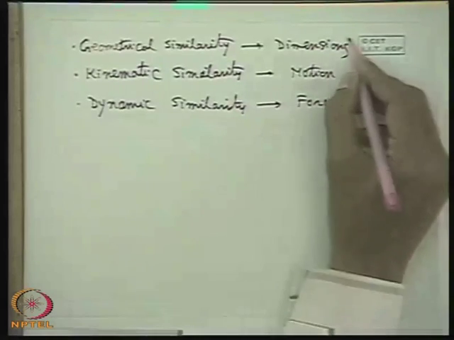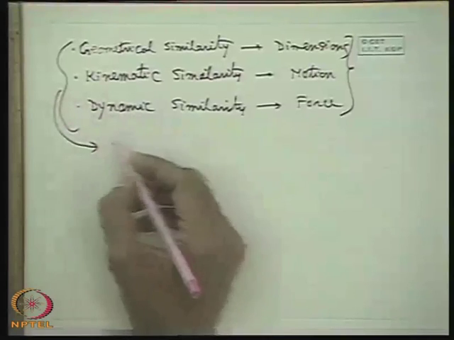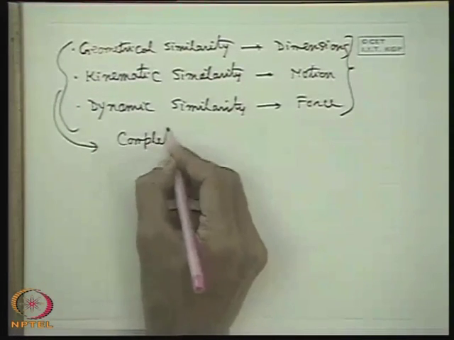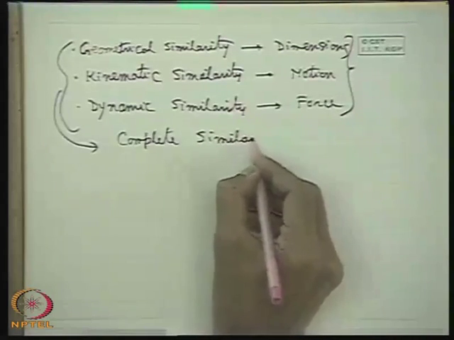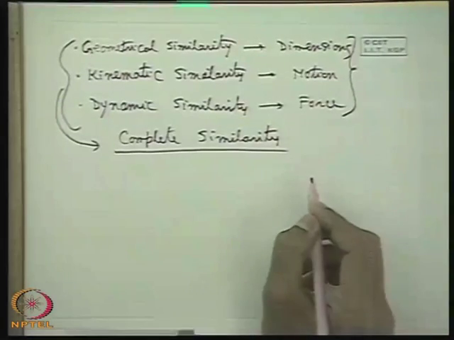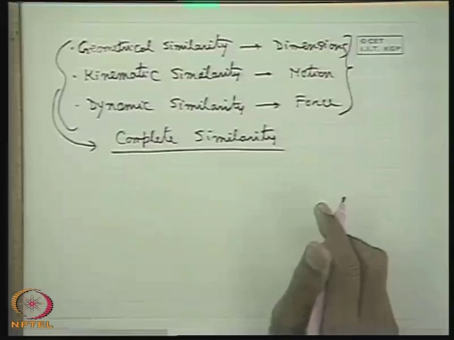If these three similarities simultaneously exist, we say entire physical similarity, or sometimes complete physical similarity, is achieved between two problems of the same physics but operating under different conditions.